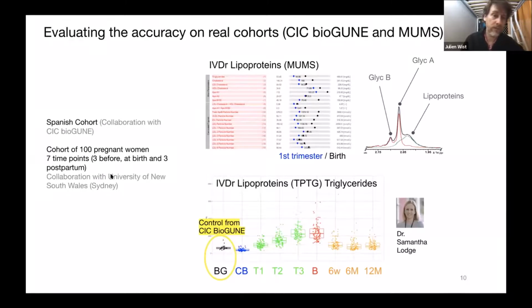And this is a very interesting collaboration with University of New South Wales in Sydney, because those pregnant women were shown to have a huge increase of lipoproteins during pregnancy. So mainly the peaks we are interested in minimizing.